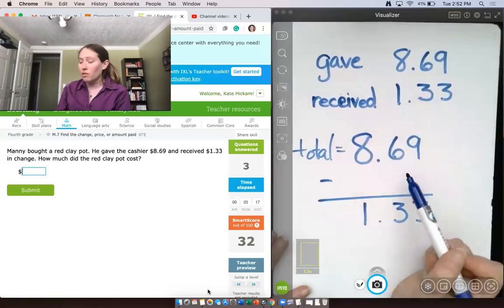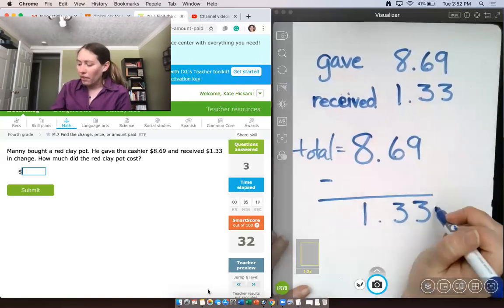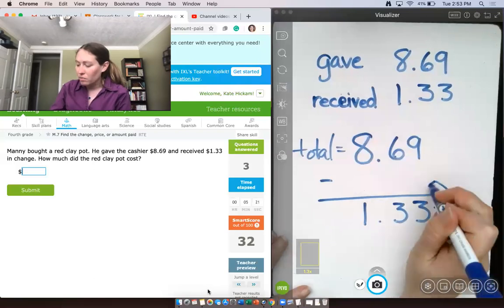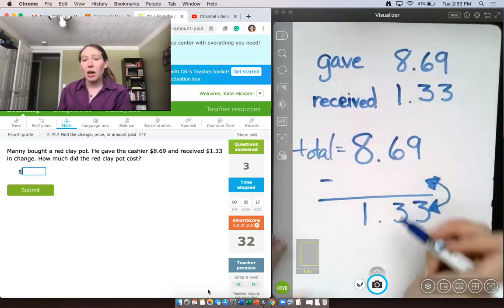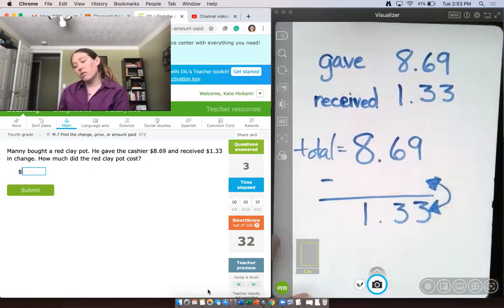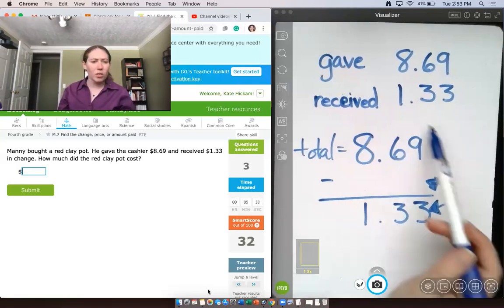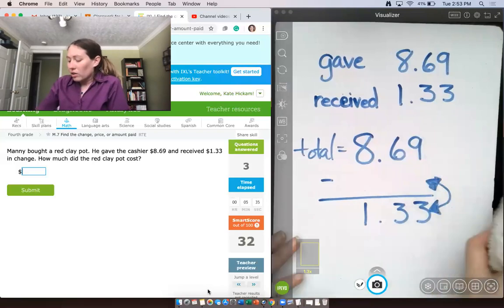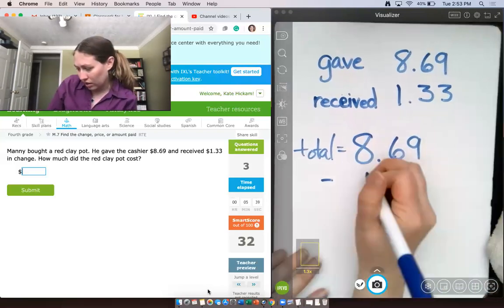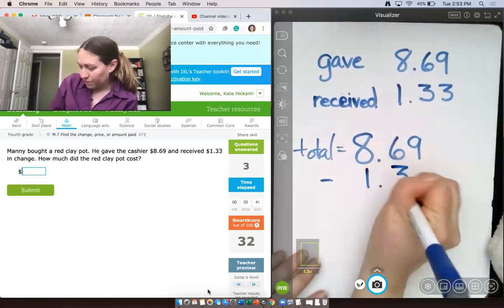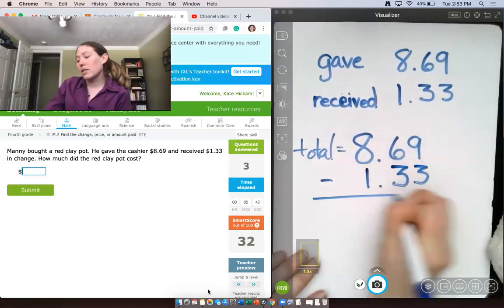So what we got to do is just swap these around and figure out what fills in that spot. Because usually when we want to do the opposite, we're going to add. But if we already know the total amount, we're just taking that away. So now, instead of subtracting the cost of the pot, we subtract the change. And that will give it to us.